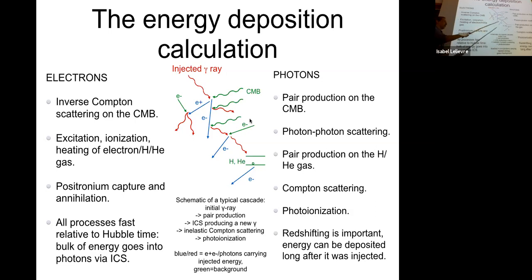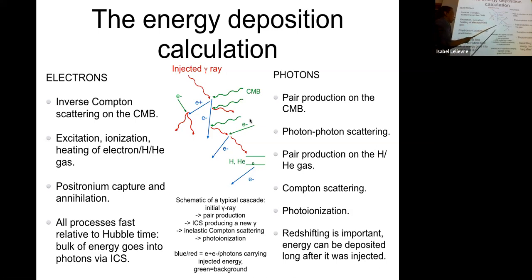If it's high energy enough, it very quickly pair produces against the CMB, producing an electron and positron. So then we go over to the left-hand side of this cascade and ask, what happens to a high energy electron in the early universe? The answer is that it very quickly inverse Compton scatters on the CMB if the electron energy is moderately high. So that makes more high energy photons, which you then need to feed back into the rest of this cascade.